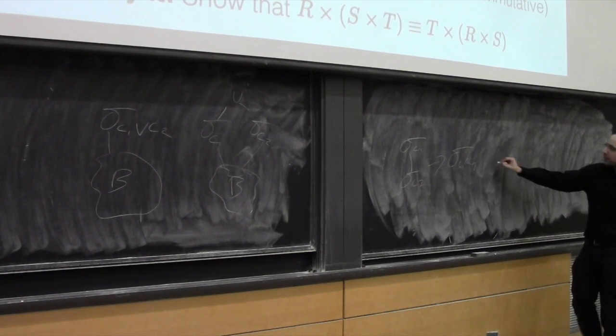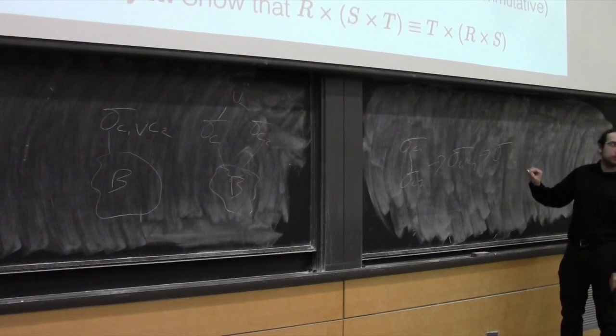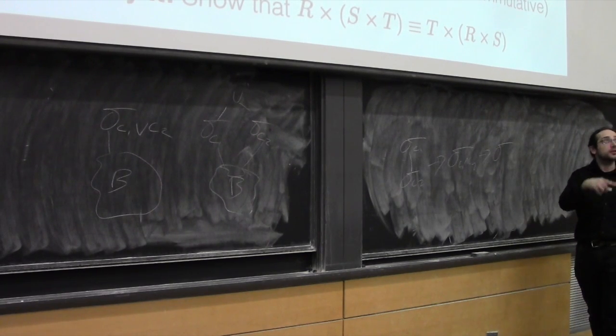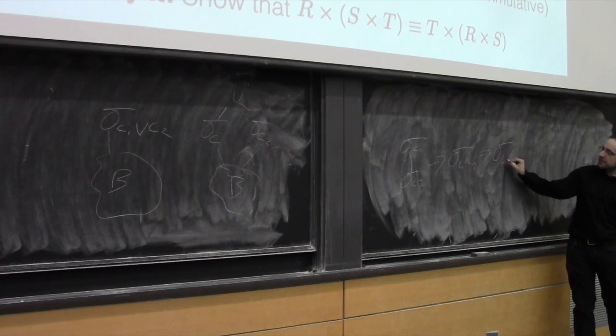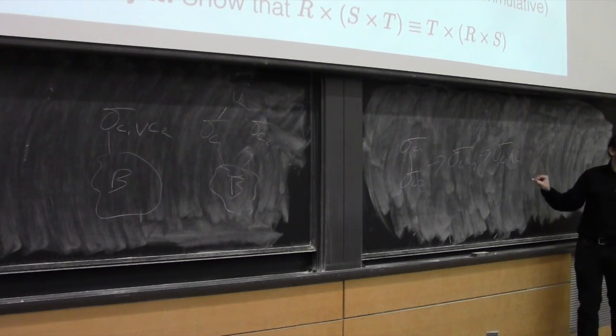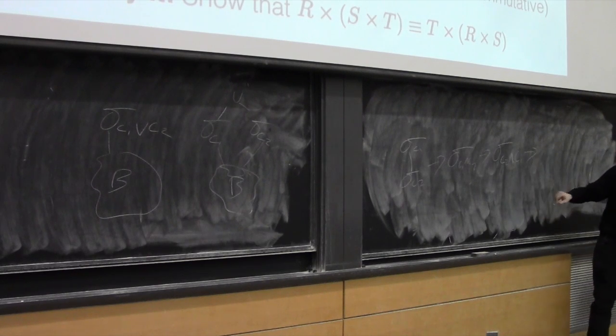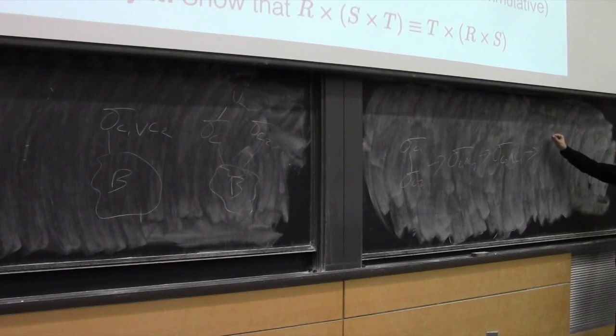Now I can use your trick. This is equivalent to, by the associativity, the commutativity of AND, C2 and C1. And that, bring it home. C2 on top, C1 on the bottom. Great, we've proven a new property.